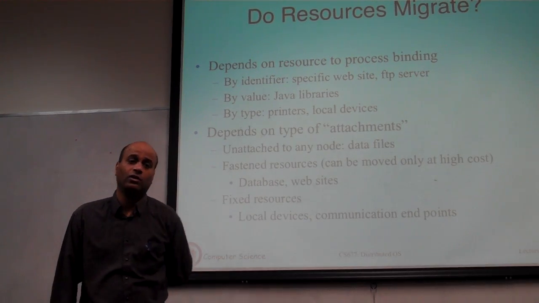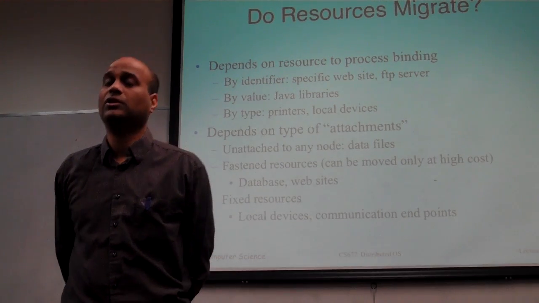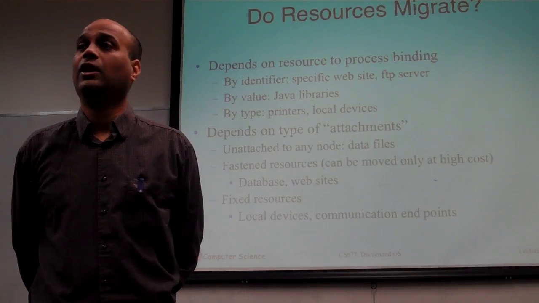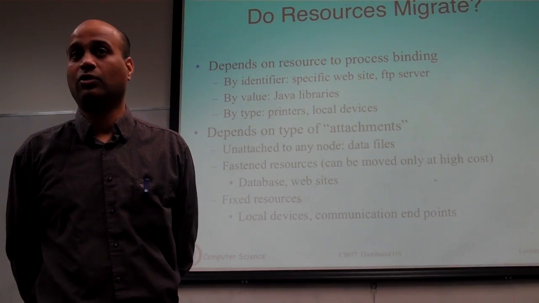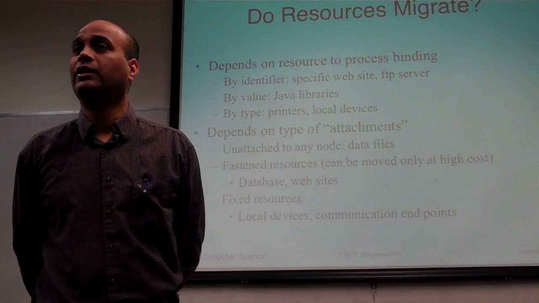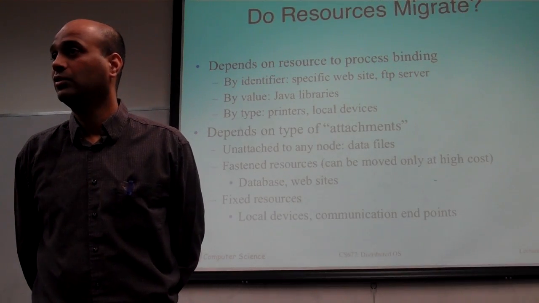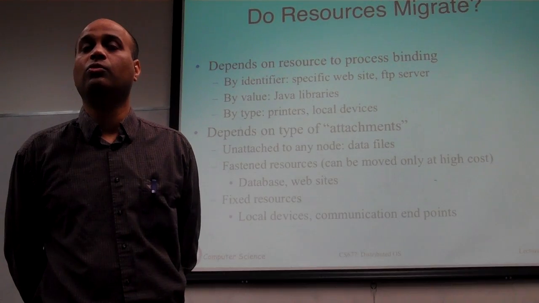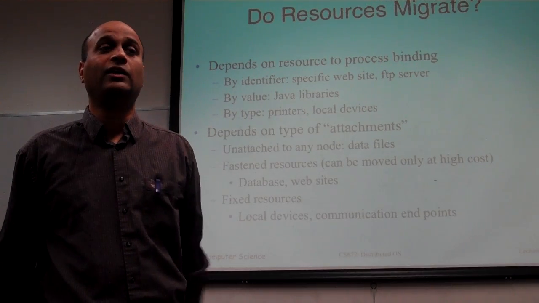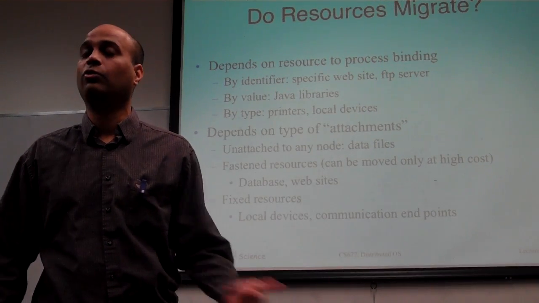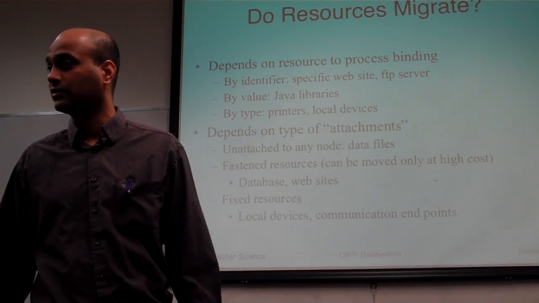The last type of resource is called a fixed resource. These are resources that are attached and cannot be moved, no matter what the cost. Okay? A hardware device attached to a machine is an example of a fixed resource. You cannot actually move it. You can physically detach a printer and move it, but it's not going to go over a network like data does. Right?